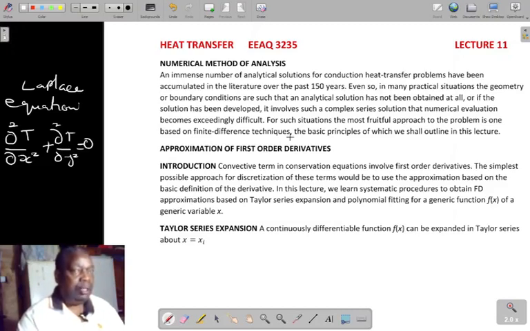One of the best ways to do it is to expand these differentiable functions using the Taylor's series about some point x equals xi, where i stands for the initial.